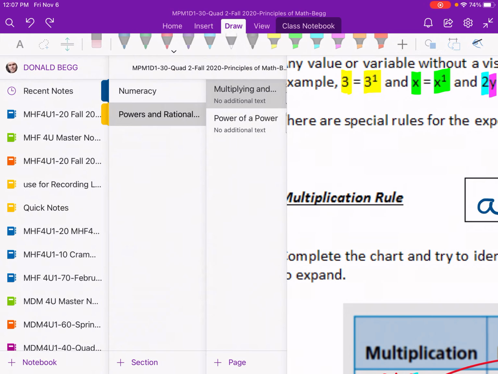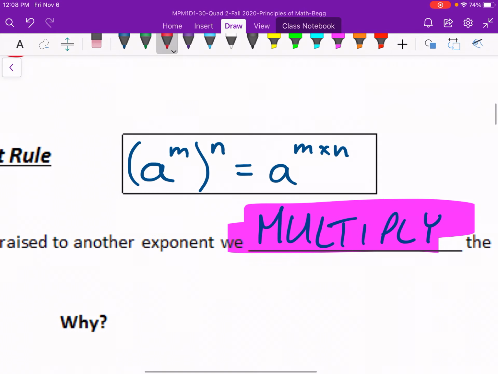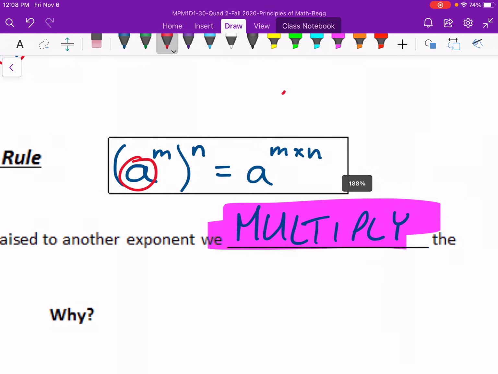If I go back to what I just did, for powers of powers, we have a single power, a single base. We just have this a one time. We don't have a to the m times a to the n. We've got a to the m all raised to the exponent n. Not the same thing.